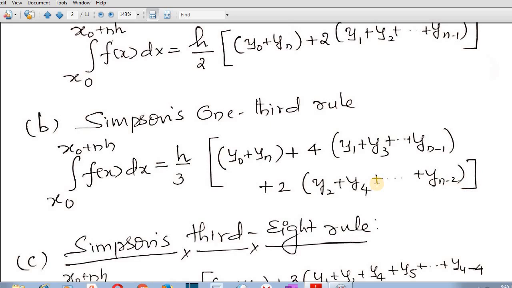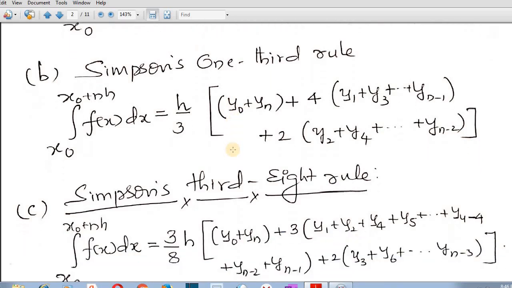Whenever we integrate between definite limits, we can use this as Simpson's one-third formula. These are all obtained from the Newton-Cotes formula by substituting various values for n.